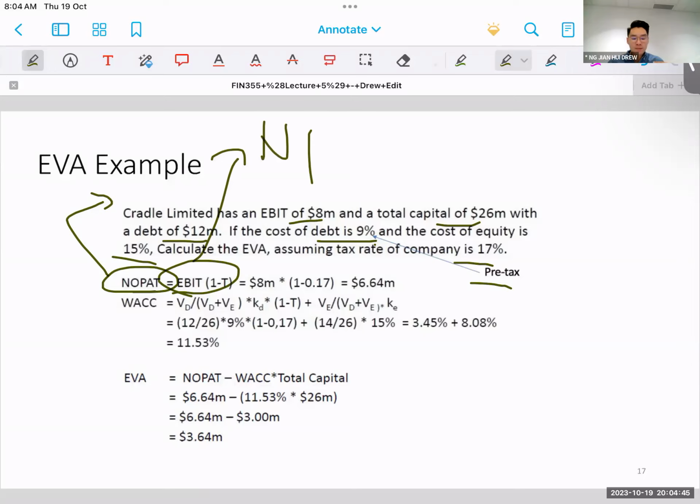So in this very simple case example, there is no difference between the net income and NOPAT here. This is a very, very simple case example. But in real life, when we look at financial statements, we know that there are adjustments that need to be made.